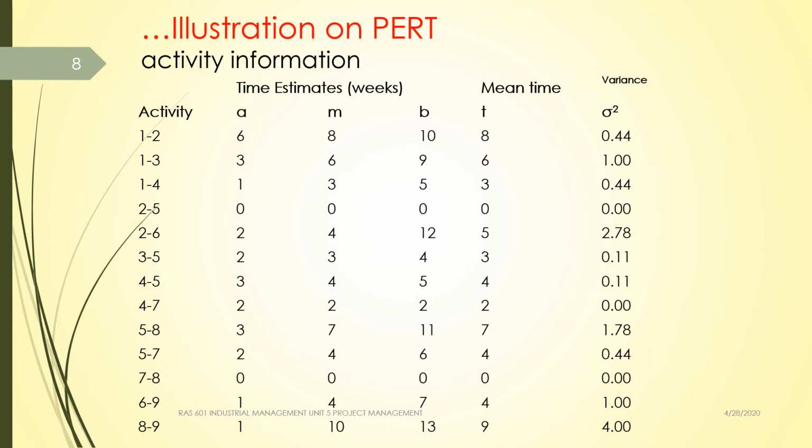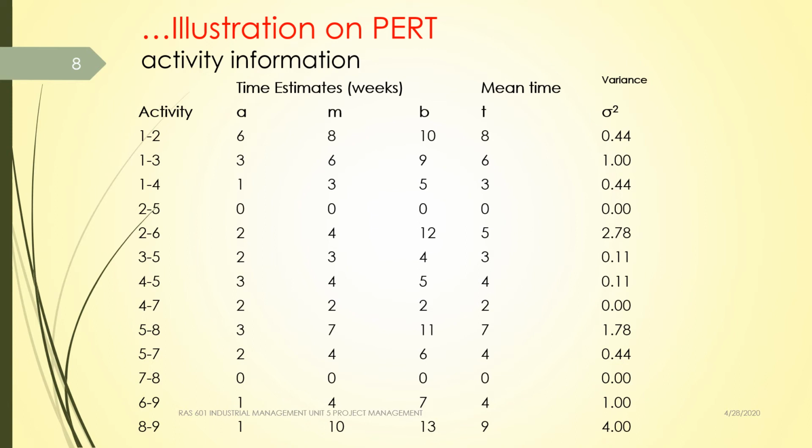I am repeating it again. By mistake, the t is shifted leftward, as well as sigma square. That is why it seems that b and t are the same, but they are not. b is the pessimistic time, whereas t is the mean time. Variance is represented as sigma square.